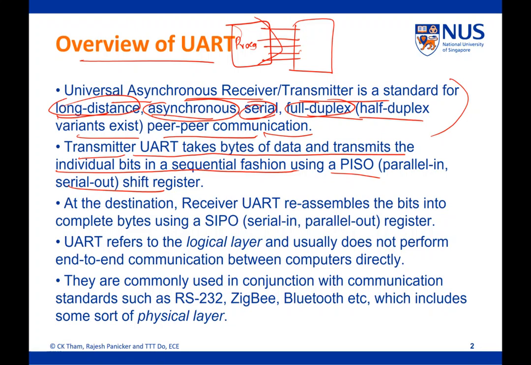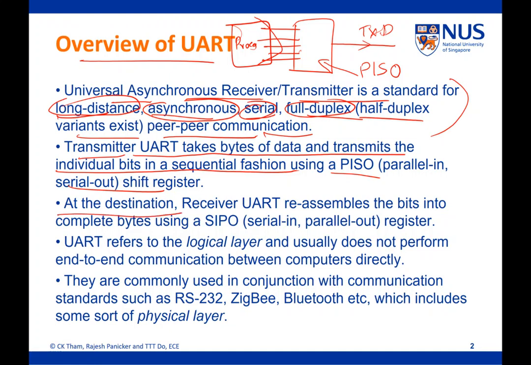The transmitter takes it in parallel form and shifts it out bit by bit through a serial interface. So the main part of your transmitter is a parallel in serial out shift register. And this line is what we usually call TX, or some people also use TXD, transmit, one single wire.